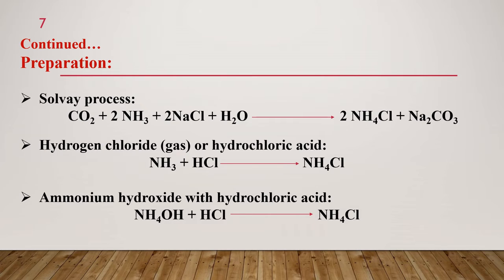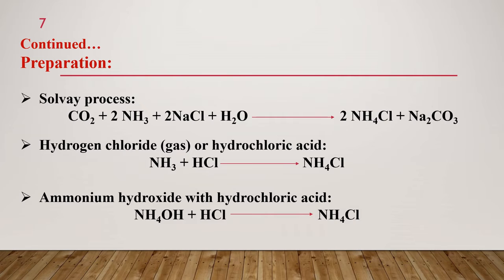Preparations of ammonium chloride. Ammonium chloride can be prepared by the Solvay process. The Solvay process includes reaction of sodium chloride with ammonia in the presence of CO2 and water to form ammonium chloride as well as sodium carbonate.